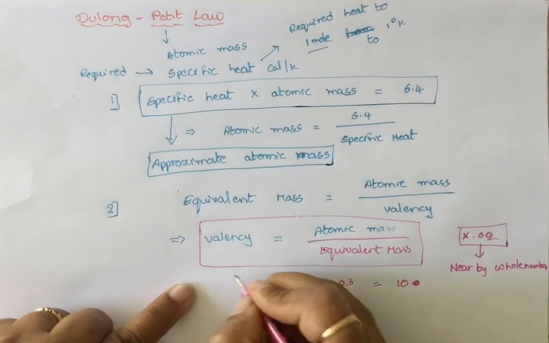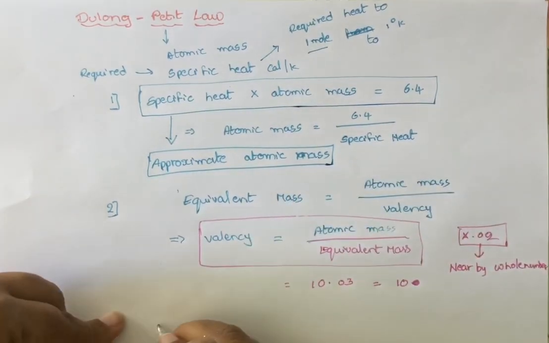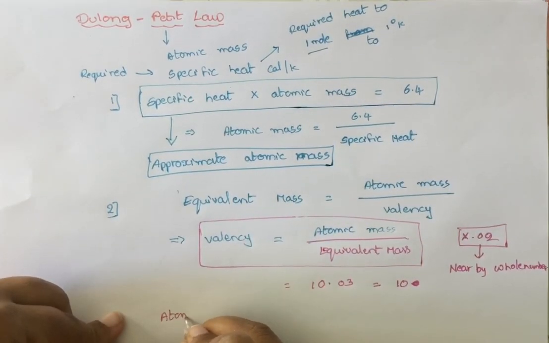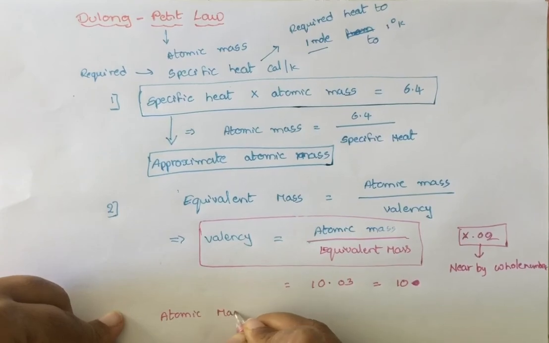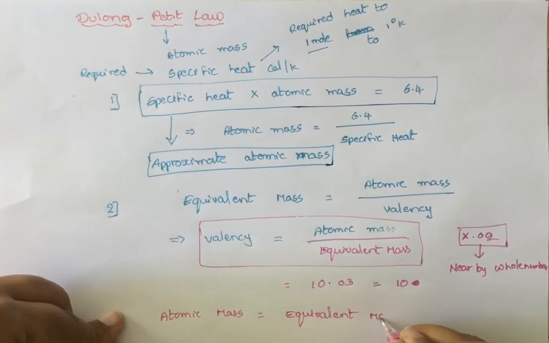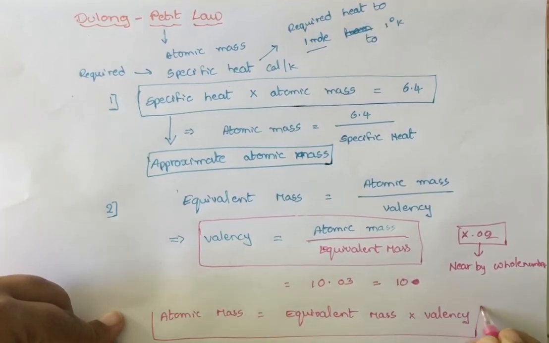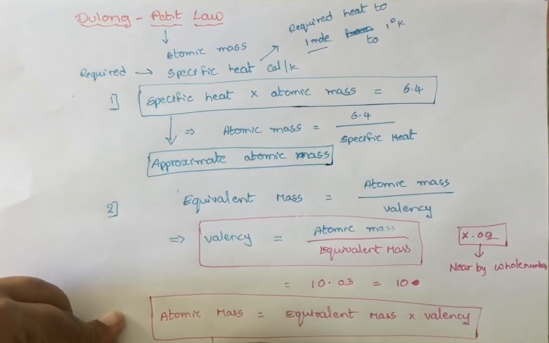Now you substitute this valency value in the above equation: atomic mass is equal to equivalent mass multiplied by valency. If you substitute the valency value in this equation, you are going to calculate the exact atomic mass of a substance.